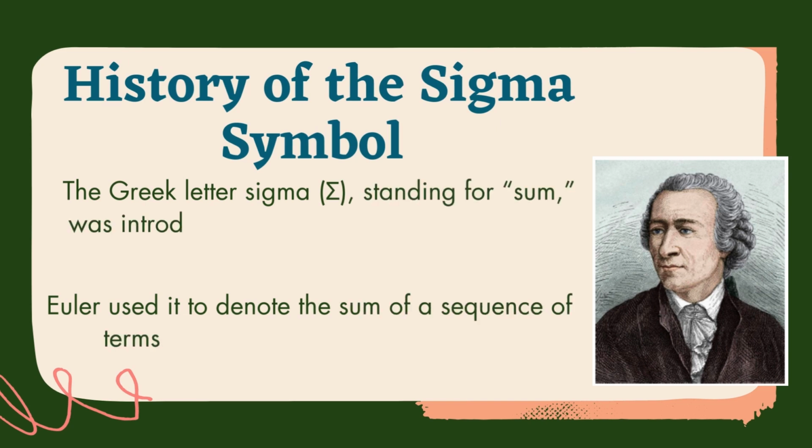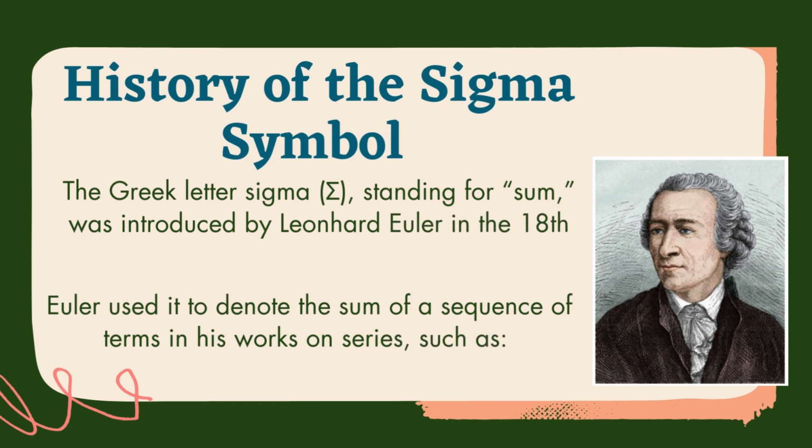Sigma is a Greek letter, which stands for a sum, introduced by Leonhard Euler in the 18th century. Euler, we know him very well, is one of our greatest mathematicians in history, and he created and popularized much of the modern mathematical notation that we usually use today.